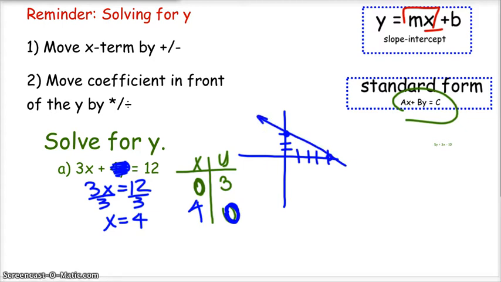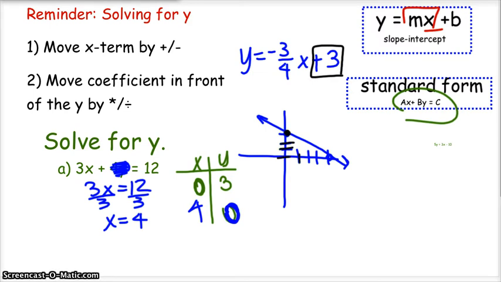If you already graphed it from the previous, we had y equals negative 3/4 x plus 3. It's the exact same graph. Begins at 3, went down 1, 2, 3 over 1, 2, 3, 4. The method that you choose is completely up to you. All I ask is that you stick with a method or make sure you just know both of them.